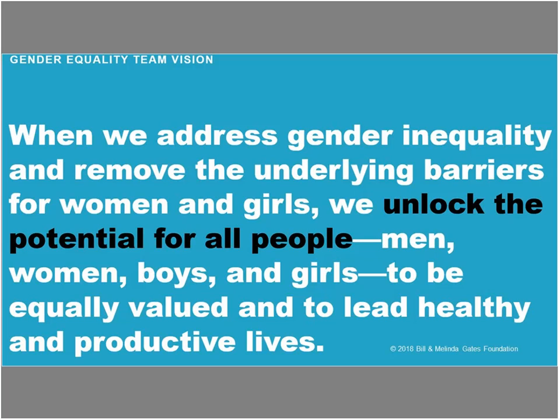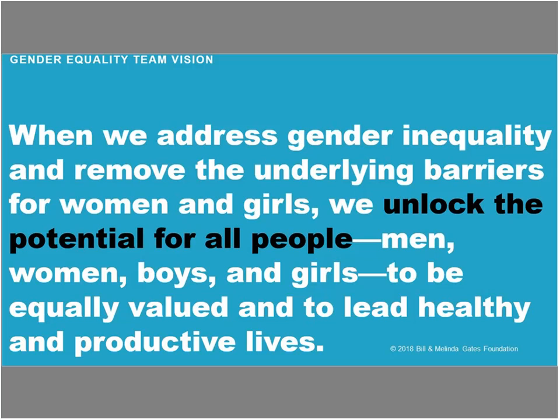So at the heart of the new gender equality strategy is this vision. And I wanted to share this today because there's some important nuances in it. When we address gender inequality and remove the underlying barriers for women and girls, we unlock the potential for all people, and that includes men and boys. And that's a very important component to us. This is not just about serving low-income women and girls.